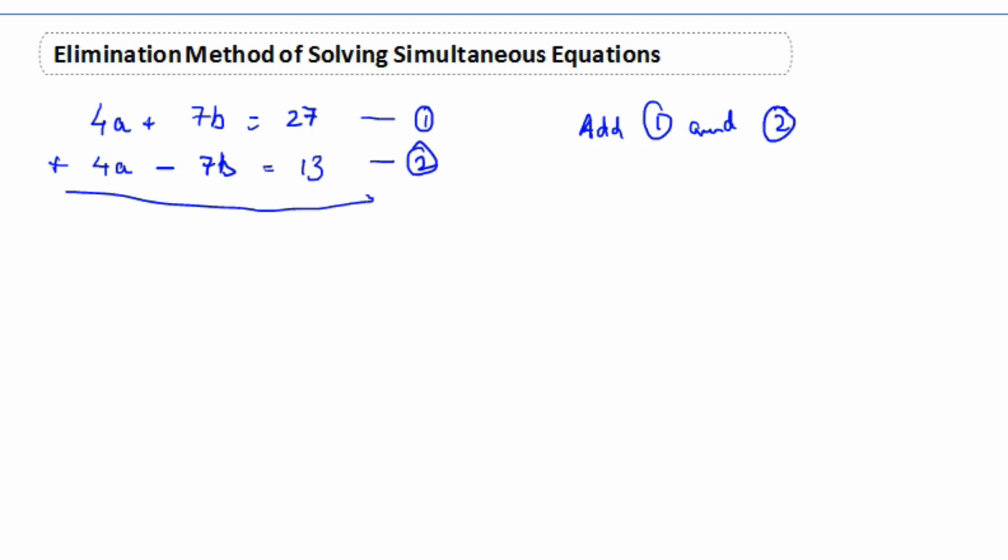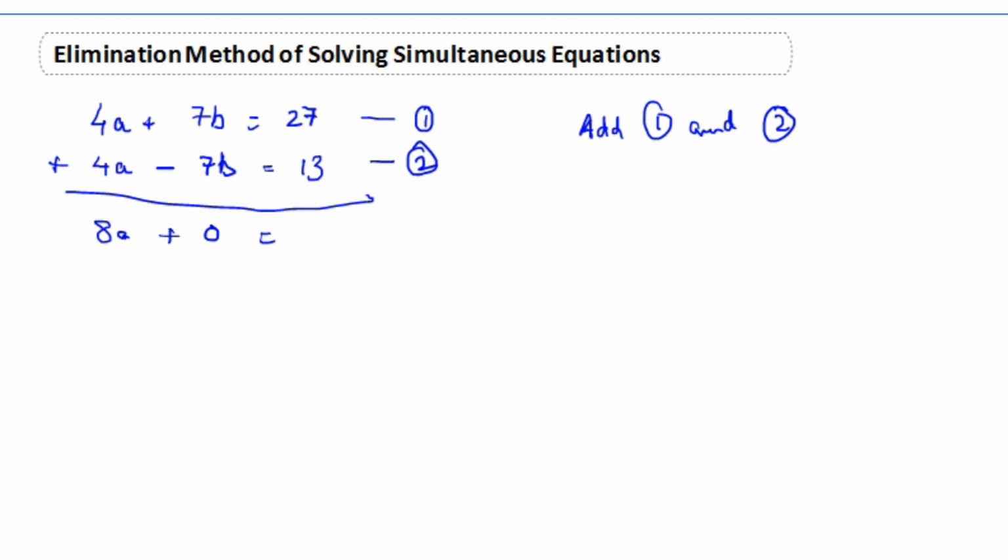When I add 4a plus 4a, I get 8a, and 7b plus negative 7b becomes 0. So I don't need to write that, since 0 is nothing.